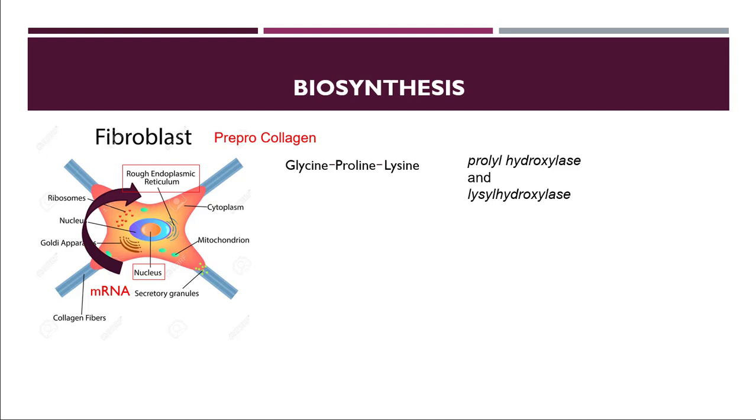Okay, in this situation I put lysine, so lysyl hydroxylase is going to act on the lysine here. Now this enzyme needs backup, or help, and the help is provided by vitamin C. And with the help of vitamin C, lysine is going to transform into hydroxylysine.